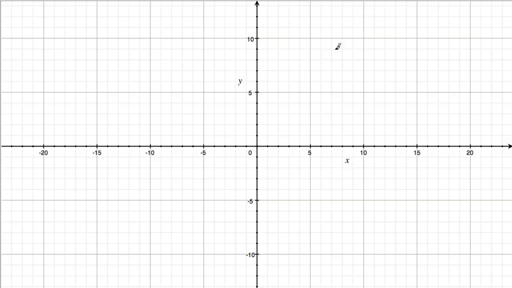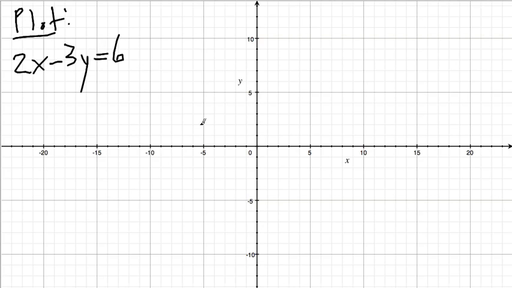Let's plot the line 2x minus 3y is equal to 6. So again, we're going to look for the x-intercept, and we are going to look for the y-intercept.